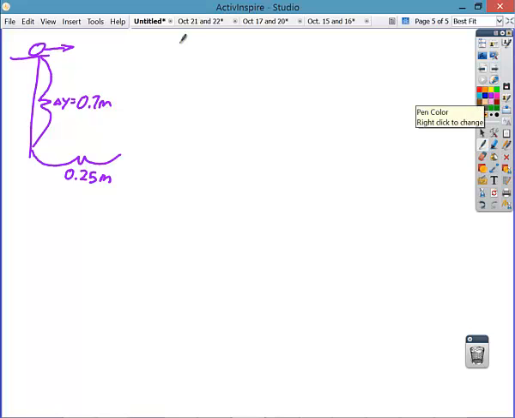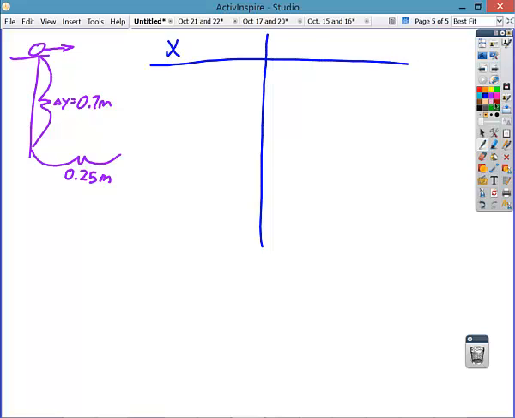If we split this up into our x and our y dimension, in our x dimension, we know delta x is equal to 0.25 meters. We know we're looking for velocity in the x dimension. Why do I know that? It's asking for initial velocity, right?